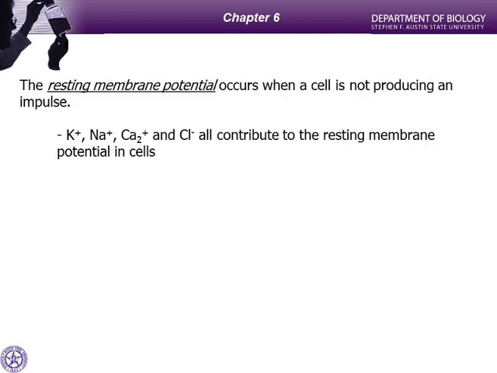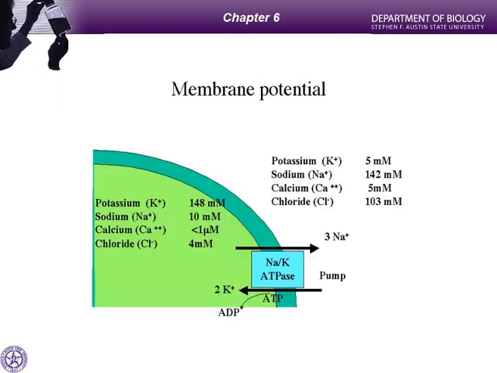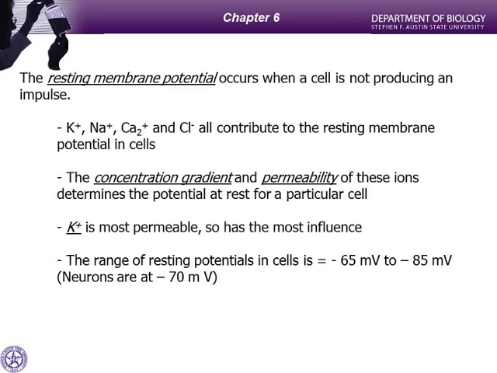Here, once again, potassium high inside, sodium high outside. We've also got calcium, which is highest outside the cell. And then we've got chloride. Remember, chloride's always going to follow sodium, so chloride's going to be high outside. All of these collectively adding together are going to have us arrive at our resting membrane potential.